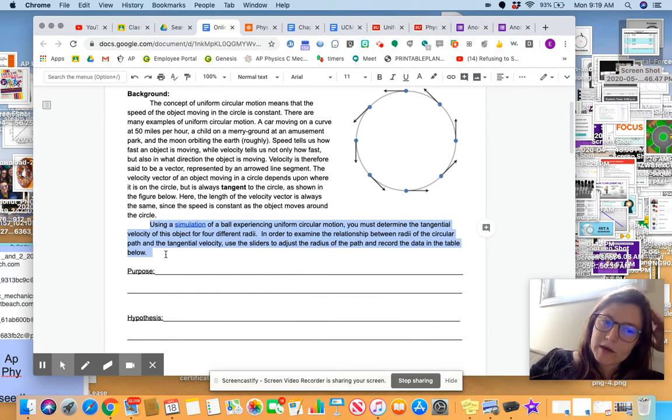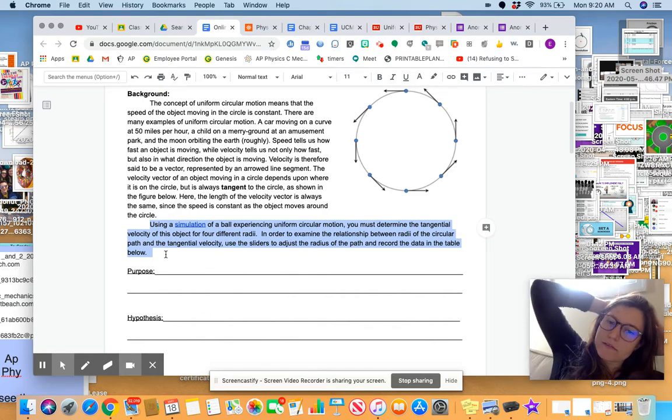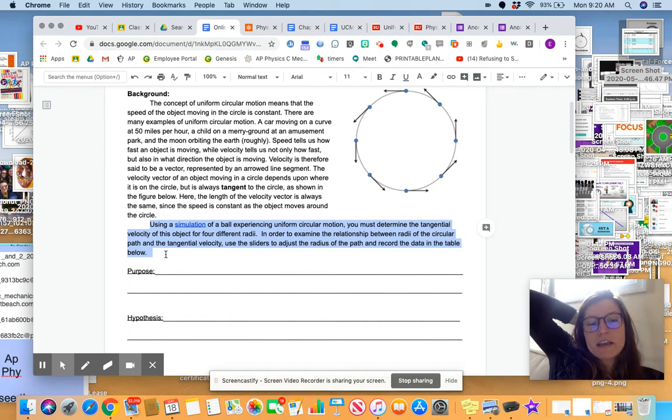I suggest that you pause the video and fill out the purpose and give the hypothesis a shot. Okay, so our purpose here is to determine how the tangential velocity will vary over 4 different radii.